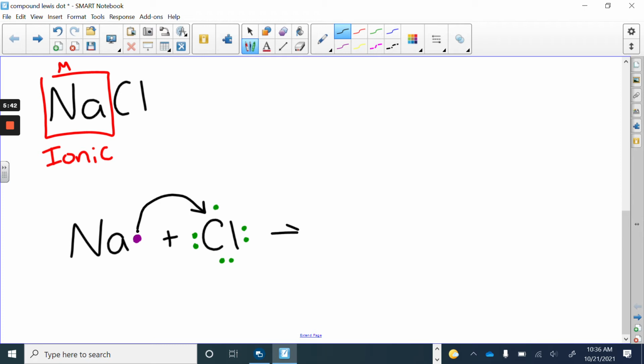Then we are going to redraw this. So we show the electron from sodium plus the ones chlorine already had.